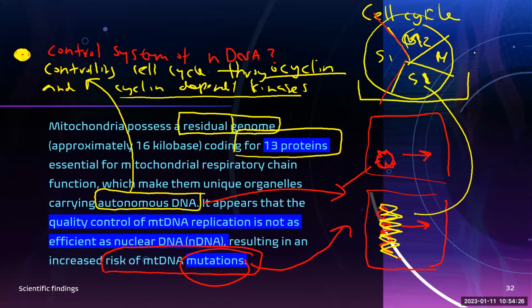So mitochondrial DNA is more susceptible to mutations. One reason is that it is autonomous DNA, meaning it has no controls; it is controlled by itself, so its replication and other processes are less controlled by the factors.